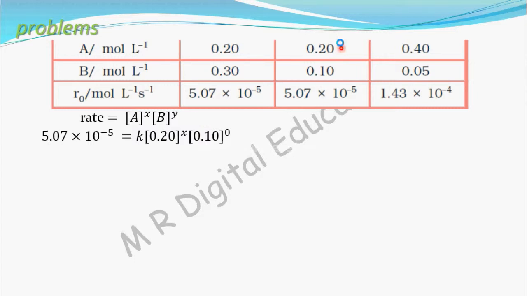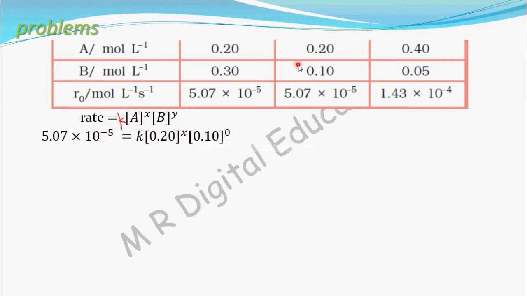Write down the data for this rate law. Rate is 5.07 into 10 to the power minus 5.